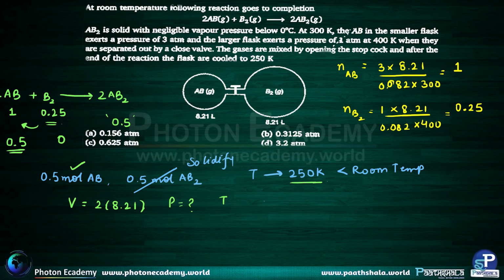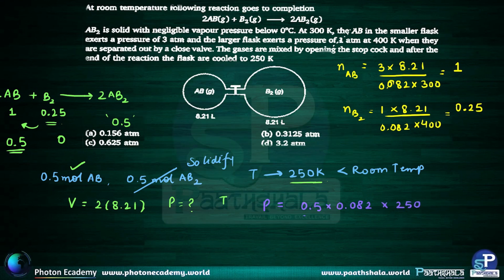P will be equal to nRT divided by V. n is 0.5, R is 0.082, T is 250, divided by V, which is 2 into 8.21.